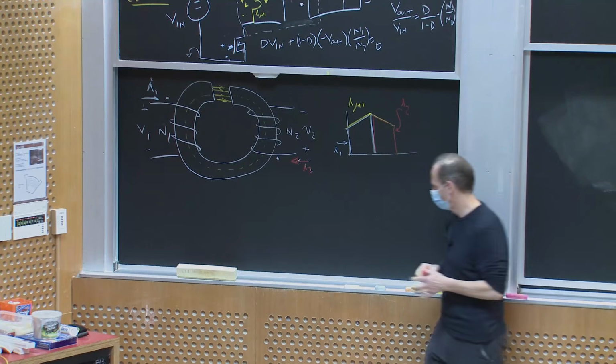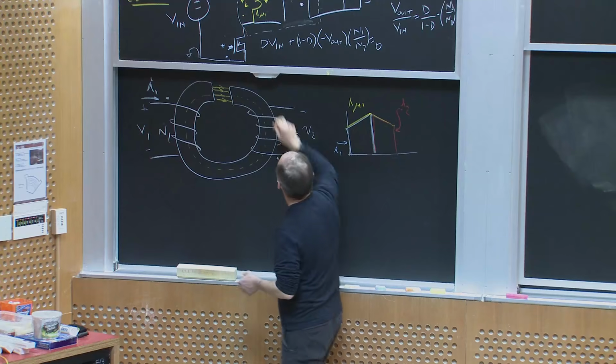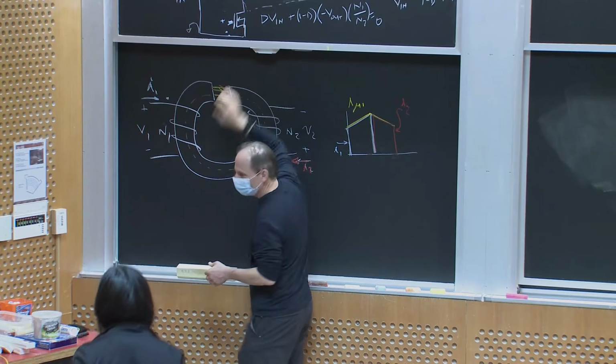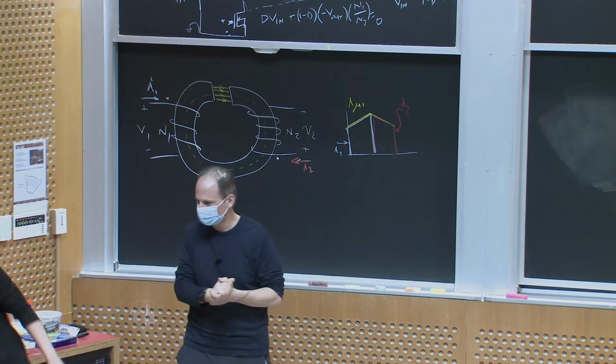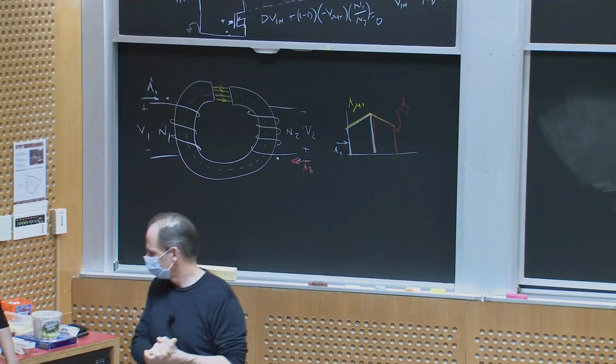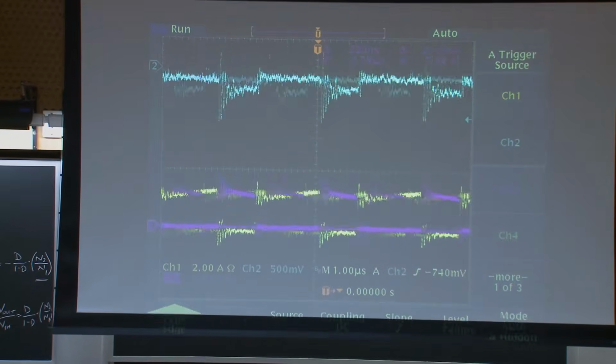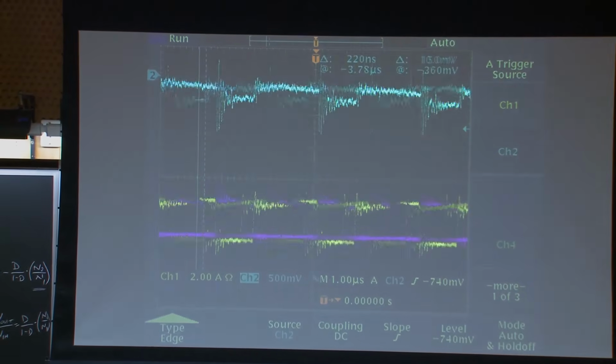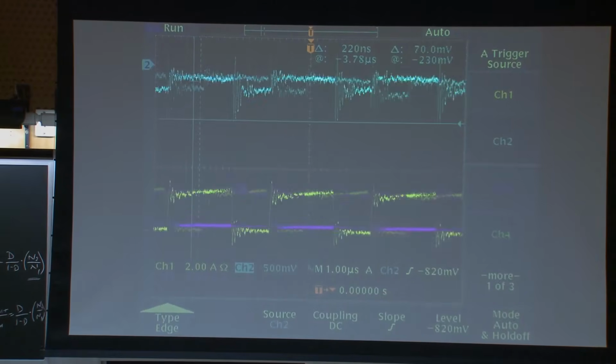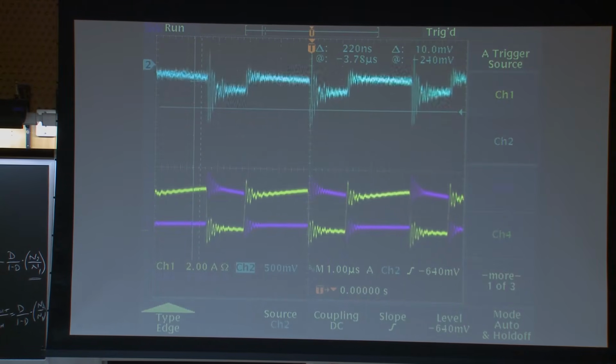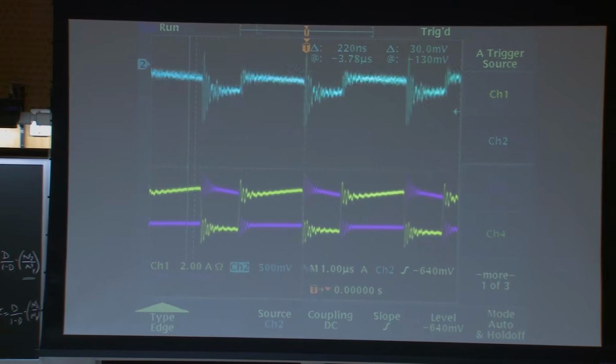Let's see this in action. We actually have a flyback converter for you to see. Mouncy's kindly put this together. What we're showing you is precisely the two currents in the two transformer windings.